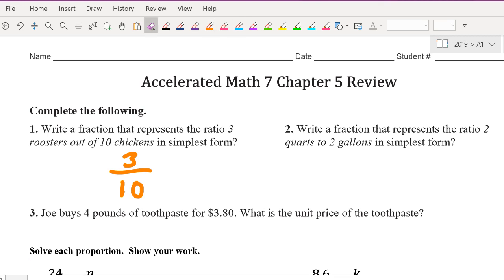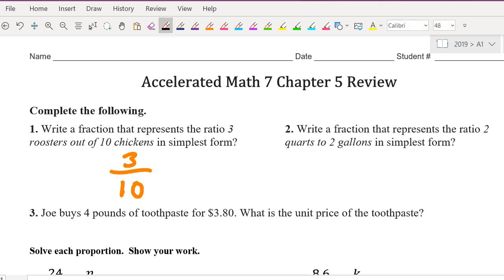All right, for this next problem, of course we would remember this. It's so fundamental. It's on page 185 in your book. When you're writing a ratio involving measurements, both quantities should have the same unit of measure. So we have to change them to the same thing. Why don't we change it to quarts? How many quarts in a gallon? 4.